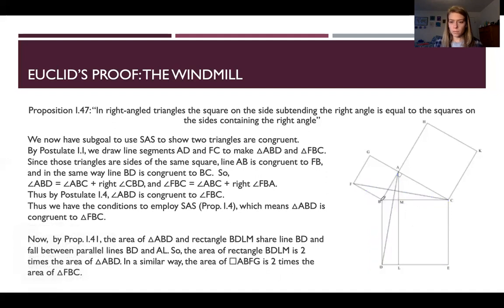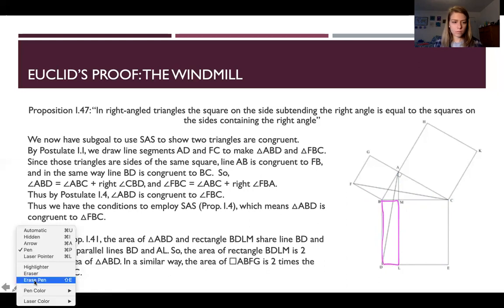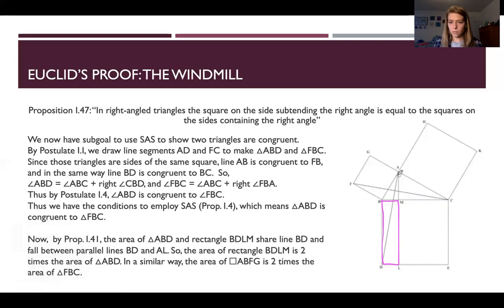He's saying that this small rectangle and this triangle share the same side, which they do, this side right here. And it falls between parallel lines BD and AL. So the rectangle BDLM is 2 times the area of ABD.